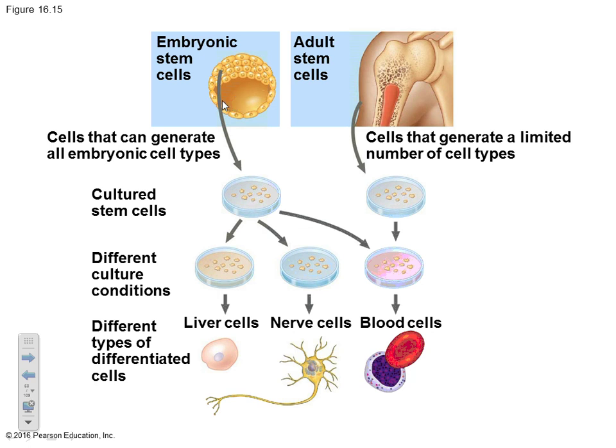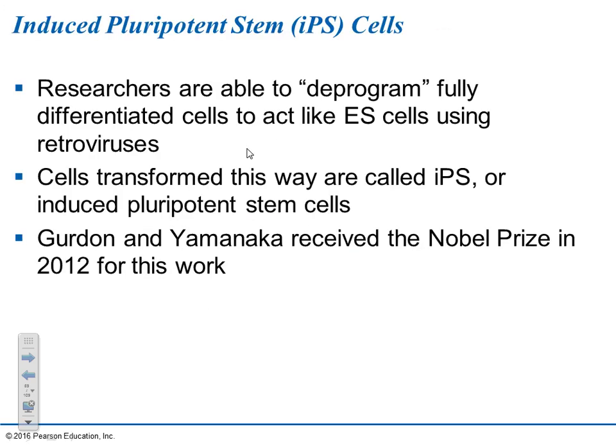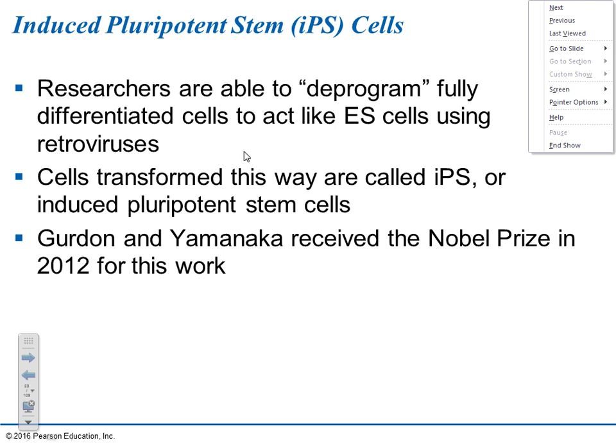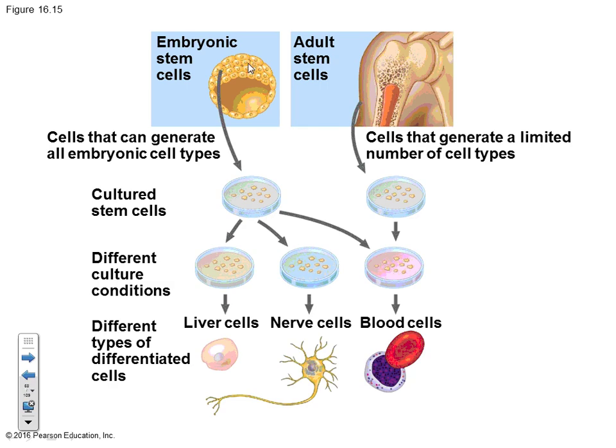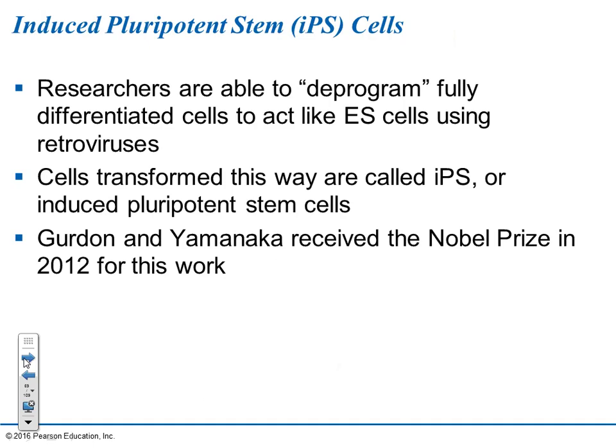It depends on your morals, on how these should or should not be used. However, if you're taking cells from an adult and you're not hurting the adult and you can make them do almost everything that those embryos can do, you don't have to worry about the ethics of the embryo. We can just take them from adults.